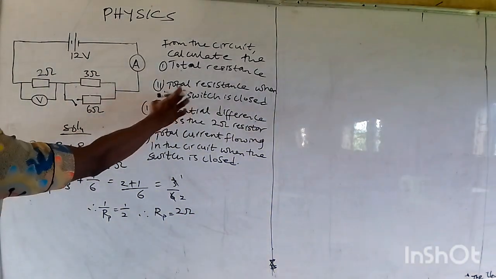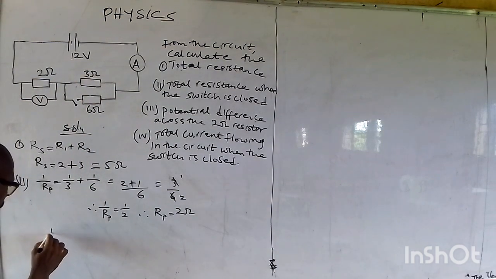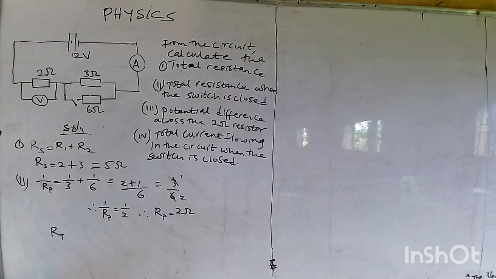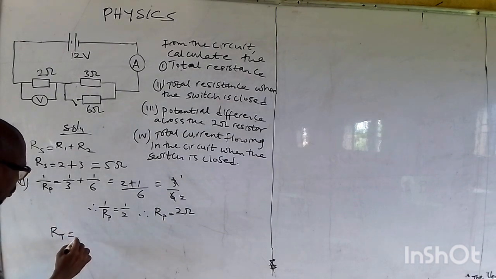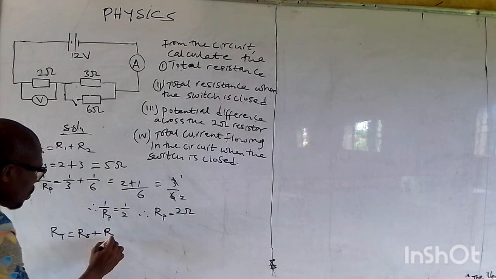Now, for us to get the resistance in the circuit, we include this. Therefore, the total resistance RT equals the resistance in series plus the resistance in parallel.